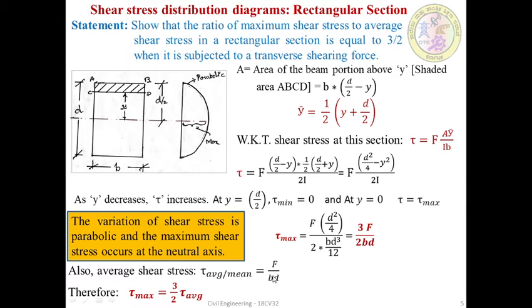Now if you take the ratio of tau maximum to tau average, we get the value 3 by 2. So the shear stress maximum, about the neutral axis, is equal to 1.5 times the average or mean shear stress.